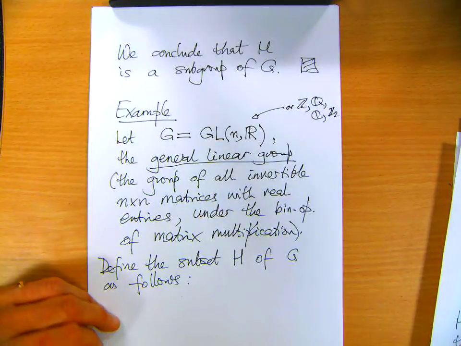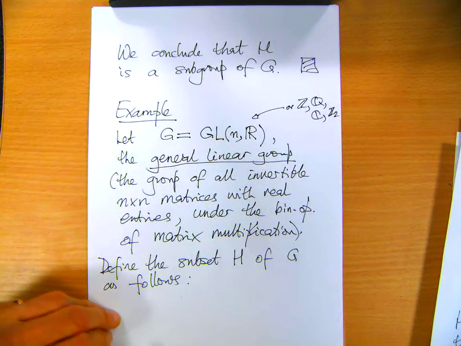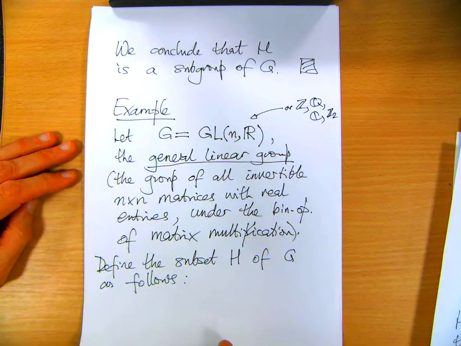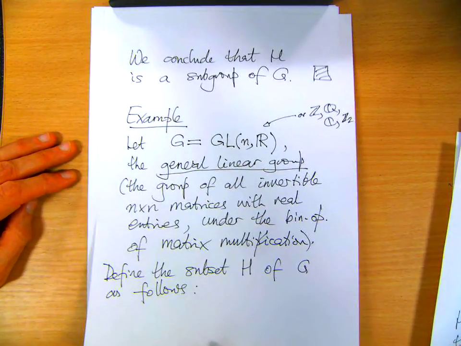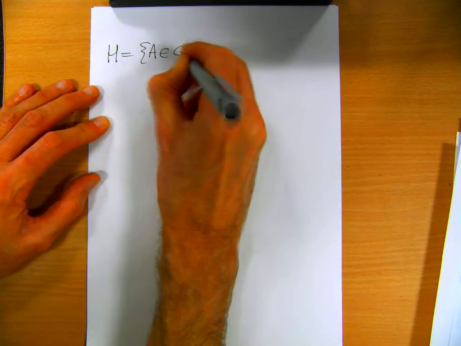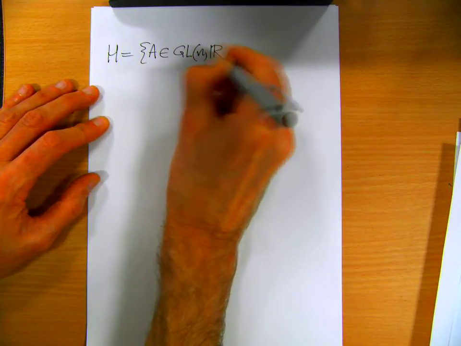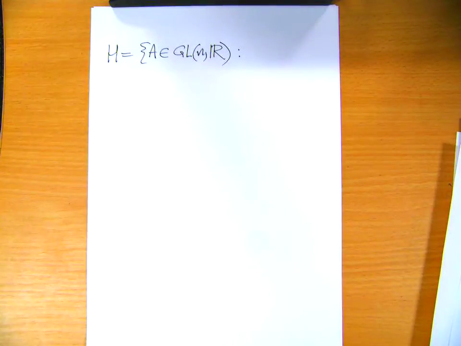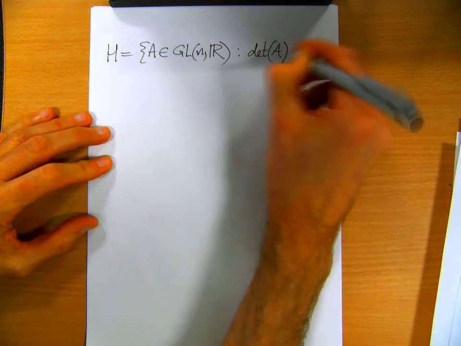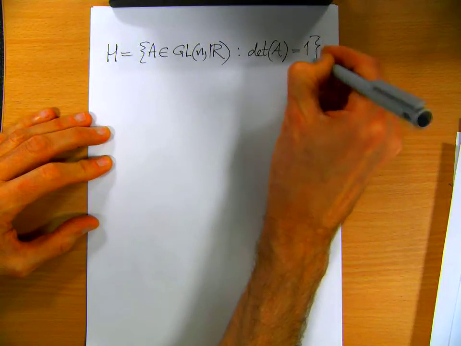So perhaps I'll put it on another sheet. So I've got some space. So we're going to look at a subset of GL_n(R). So it's going to be all the matrices in GL_n(R) for which the determinant is 1.